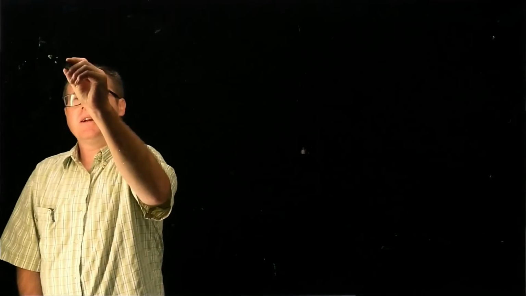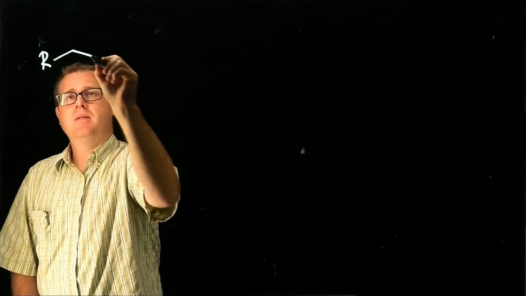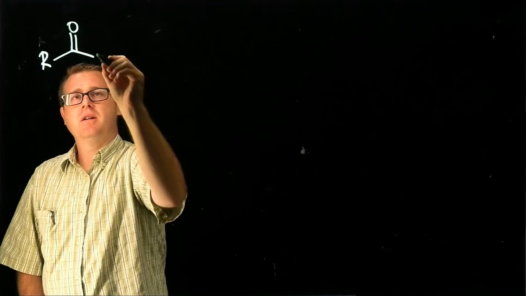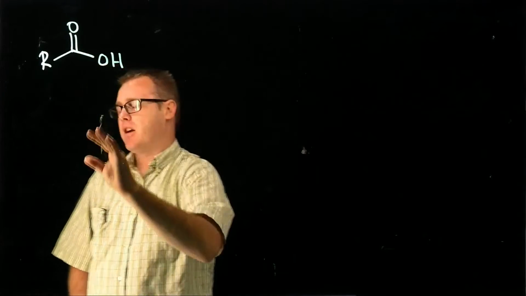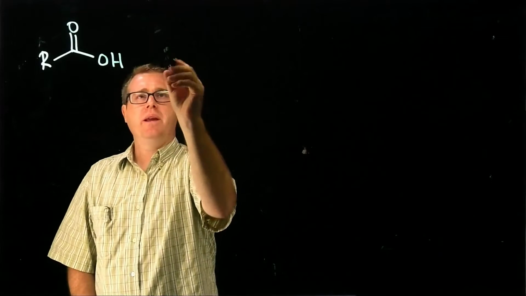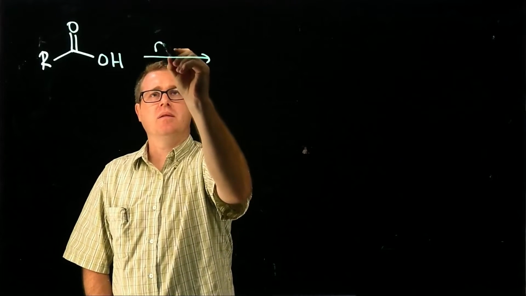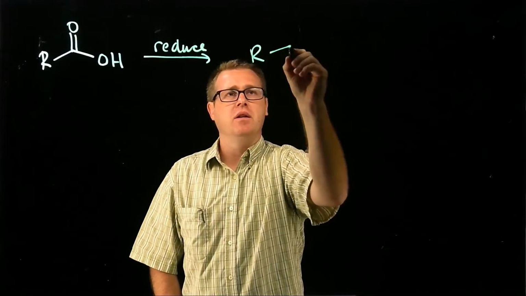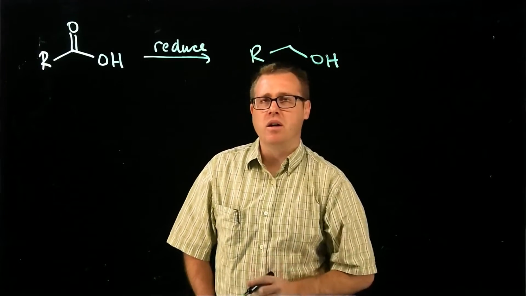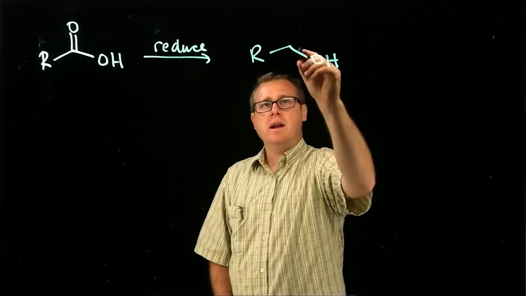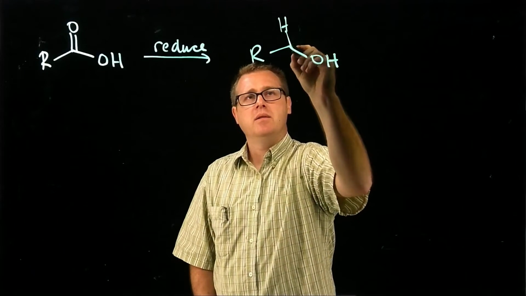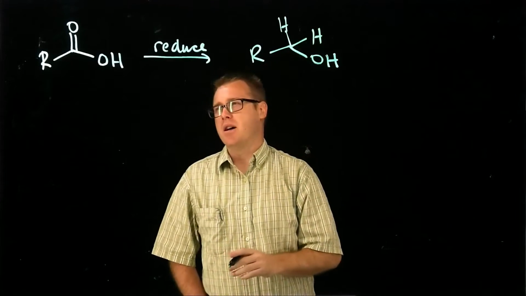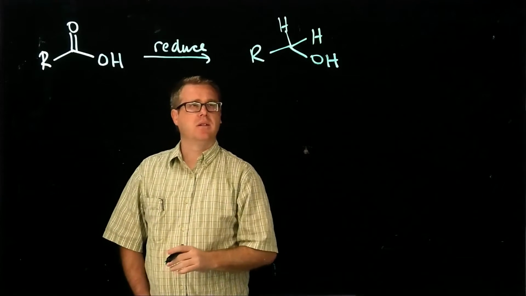With some reactions that we have seen so far, when we take a carboxylic acid, we can reduce it into the primary alcohol. So what have we done when we look at oxidation numbers here?